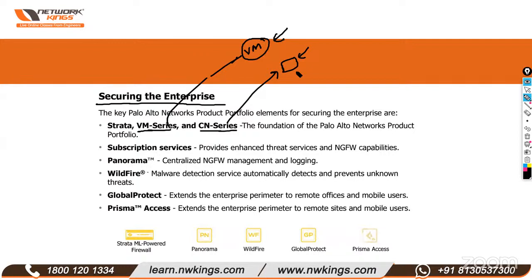It is only for small Kubernetes devices. That's all. Okay. We have something called subscription services. Subscription services means the licensing part, how the licensing works in NGFW, what the capabilities of those devices are, and what subscription models are available in Palo Alto Firewall. Okay.